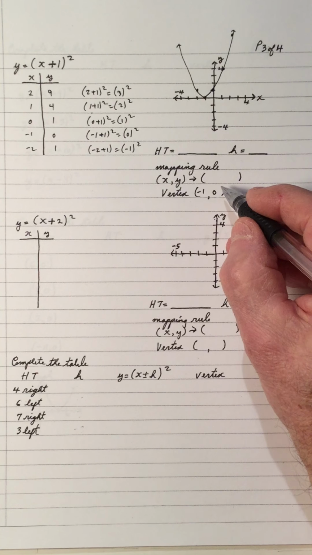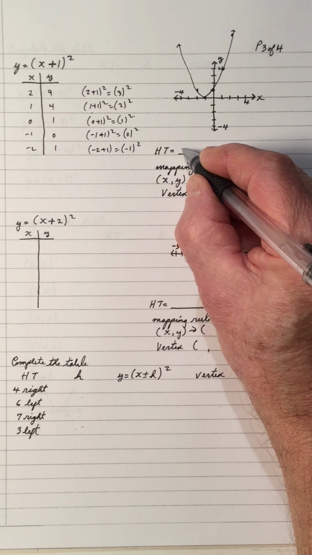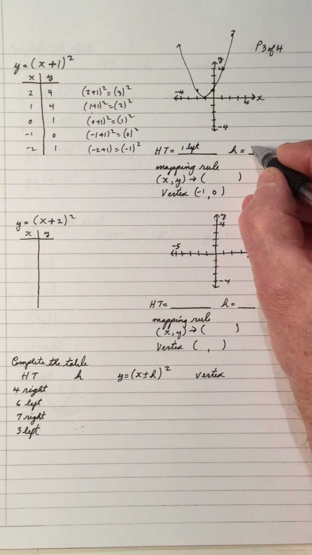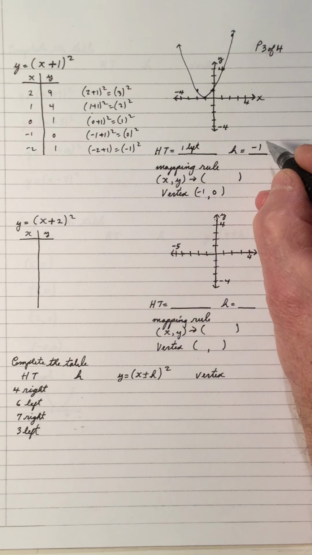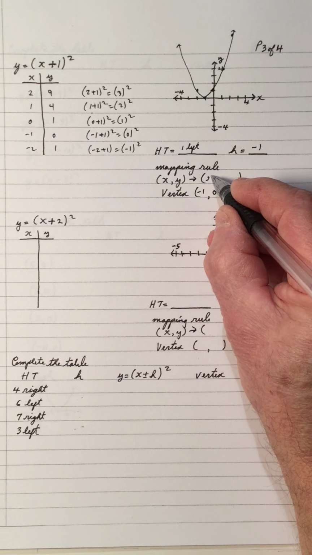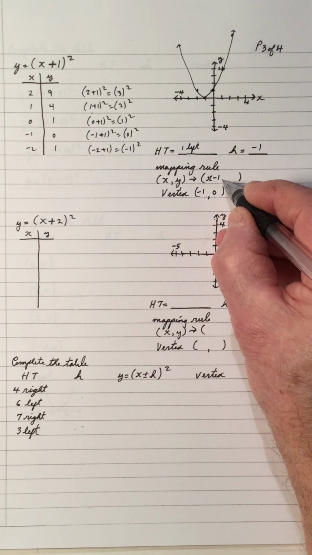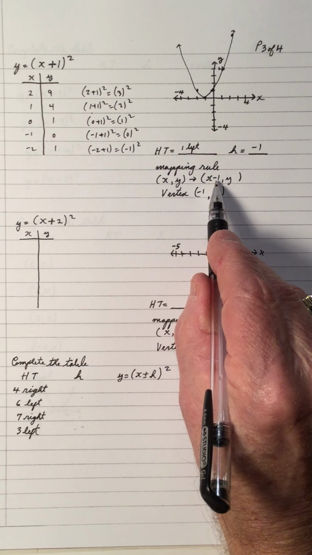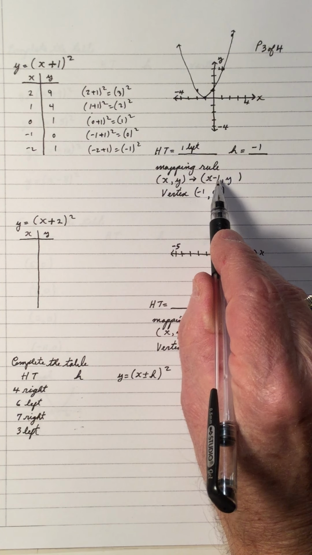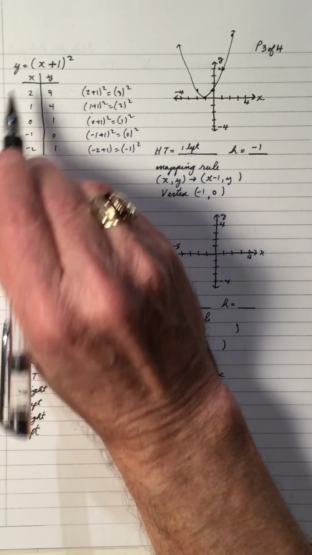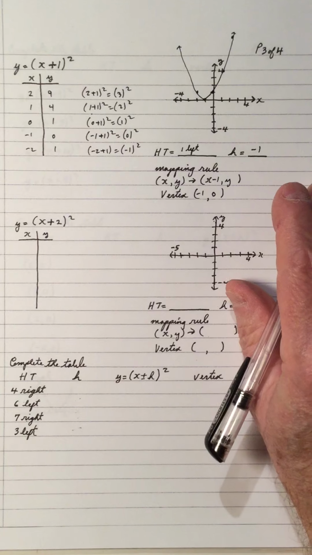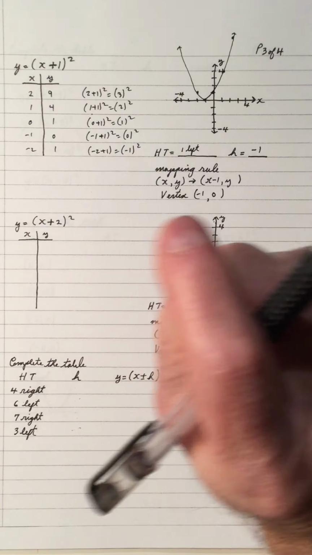And so that means it's moved 1 left. So that means the h is a negative 1. That means your mapping rule is x minus 1, comma y. So again, x minus 1 is going 1 left, which is opposite to this. So in this bracket, and most times in anything in math, what's inside a bracket is going to be the opposite of it.